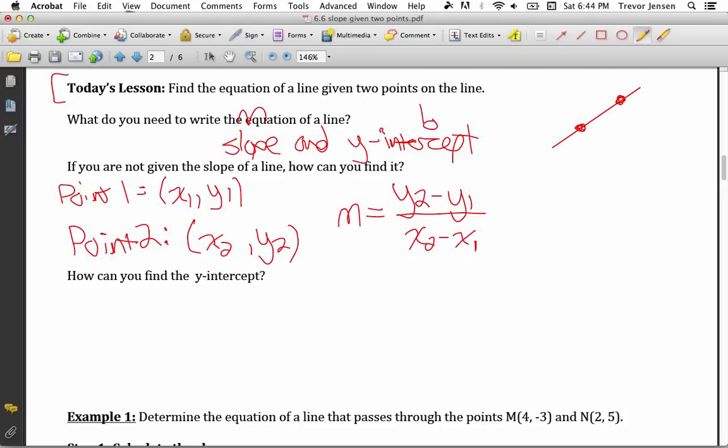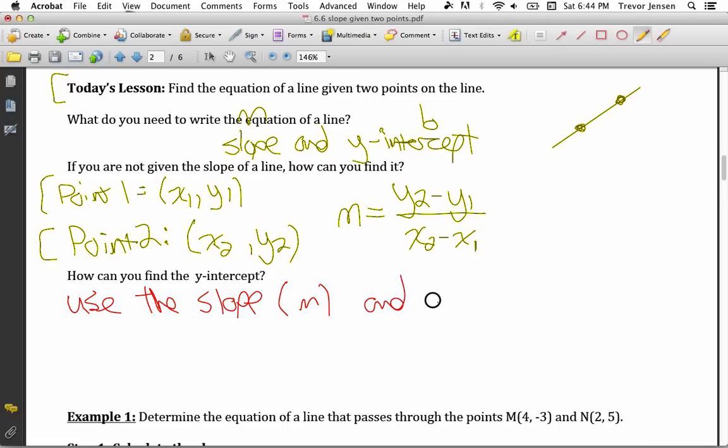How could we find the y-intercept? Well, if you've got the slope, and you have 2 points on the line, you really only need one of them. You can use the slope m and a point on the line.